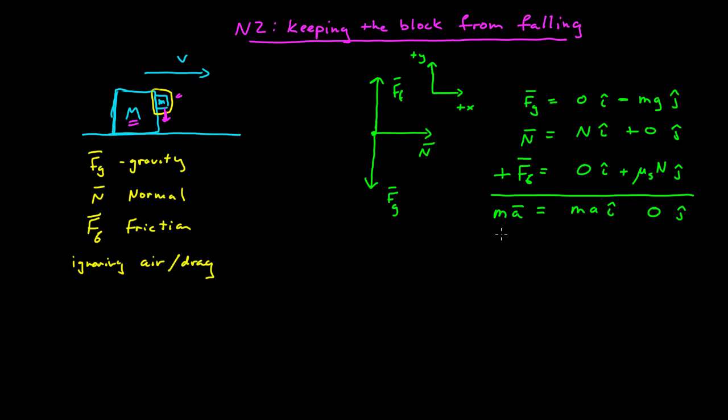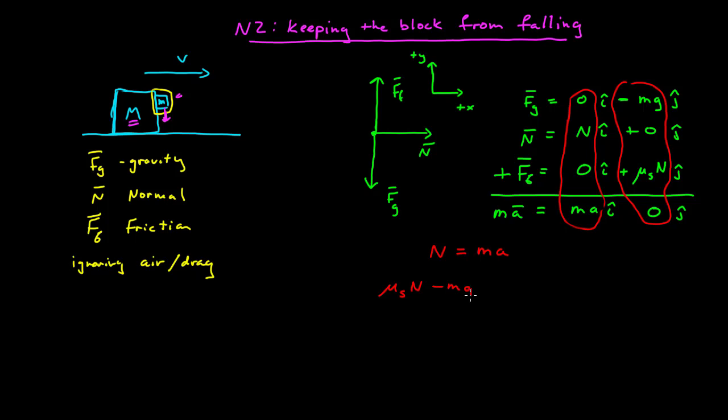This vector sum equal to my mass times acceleration now gives me some relationships between my parameters. So I have that the normal force is equal to mass times the acceleration, and then I have that the static friction coefficient times the normal force minus mg is equal to 0. So the first thing I recognize, I can answer my first question, which is is there any constant speed where the mass does not fall?